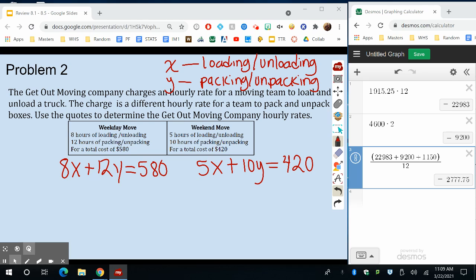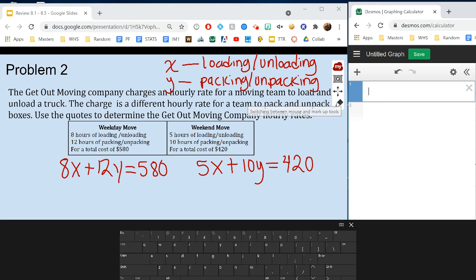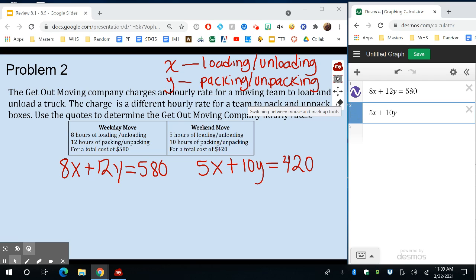Okay, so now we need to determine the value of x and the value of y. To do that, we're going to go to Desmos and put in our equations. 8x plus 12y equals 580, and 5x plus 10y equals 420.